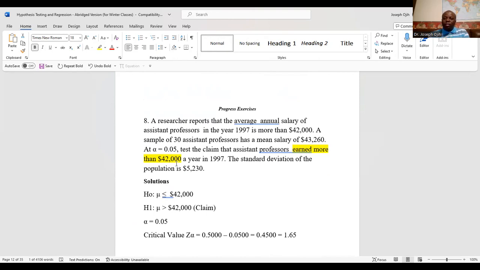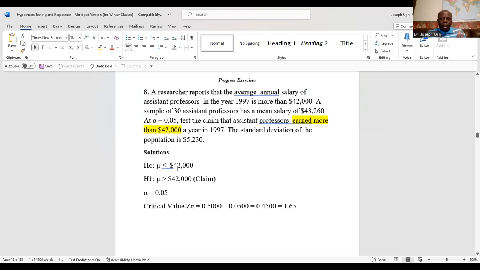To test this claim, a sample of 30 assistant professors was used, and the sample mean salary is 43,260. At alpha, the significance level, of 0.05, test the claim that assistant professors earn more than 42,000 a year in 1997. The standard deviation of the population is 5,230.